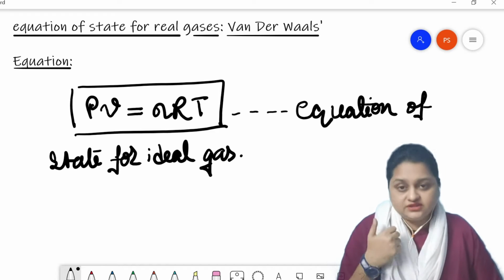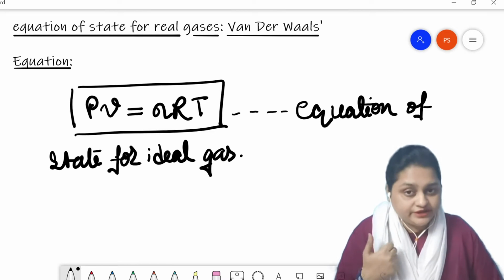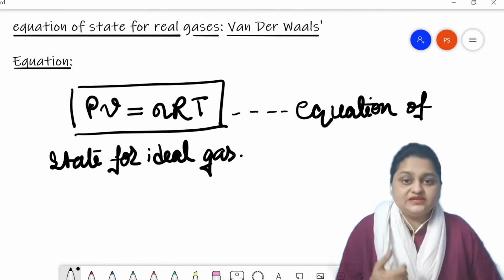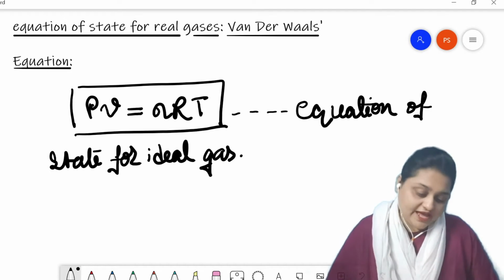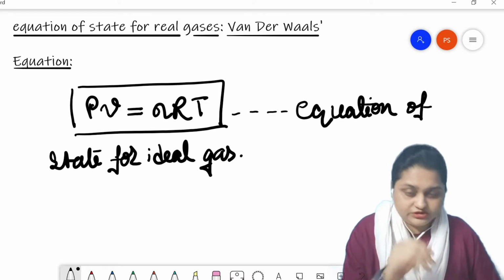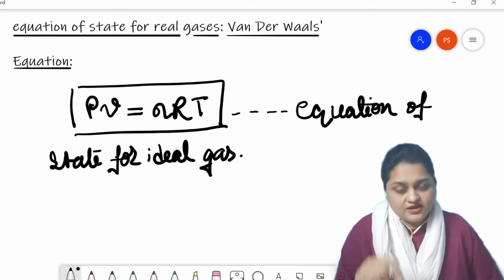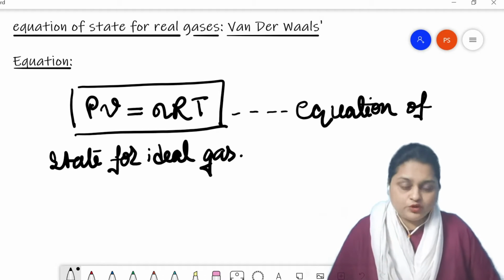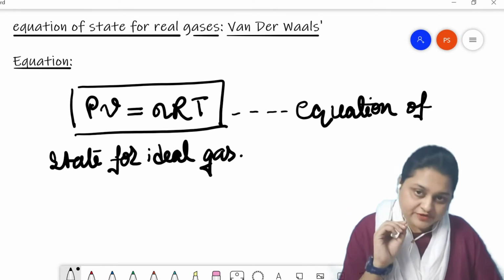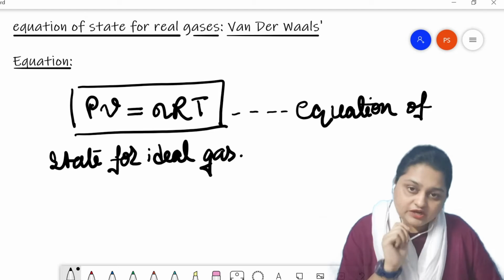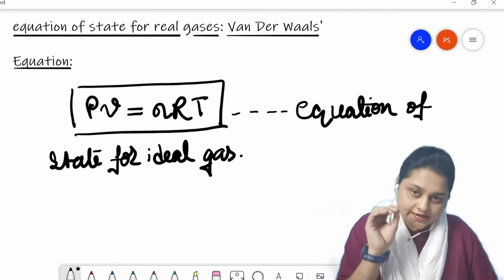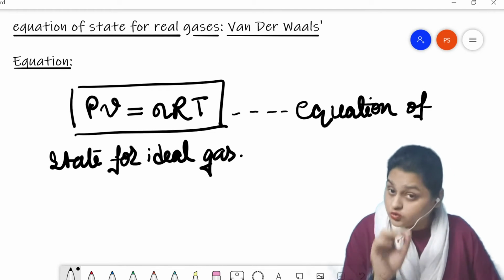That is, the intermolecular attraction or repulsion is zero. Now, this assumption is violated for real gases, because it has been observed that in real gas the intermolecular forces of attraction or repulsion do exist.